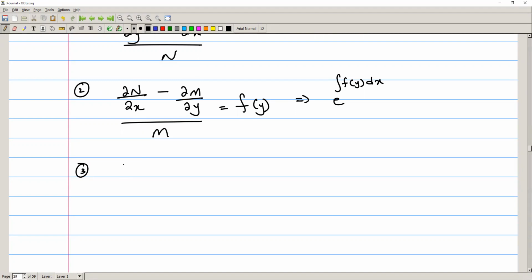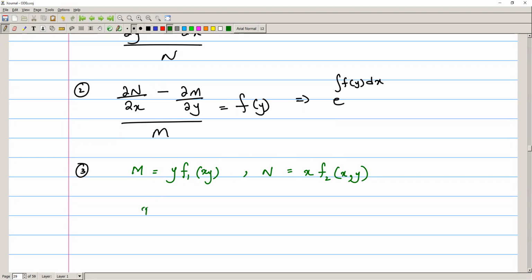If M in our case is equal to y times f1(xy), and N is equal to x times f2(xy), this simply means that M is y multiplied by some function of xy, and N is x multiplied by a function of xy.